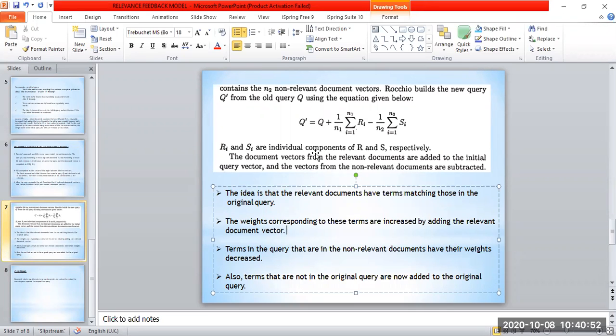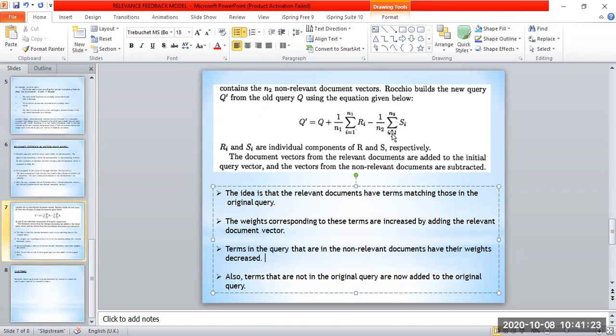So the third point is terms in the query that are in the non-relevant documents have their weights decreased. Suppose we have some word like horse or frog in our query, and those terms appeared in the non-relevant documents. So the terms which appeared in the non-relevant document, their weight is decreased.